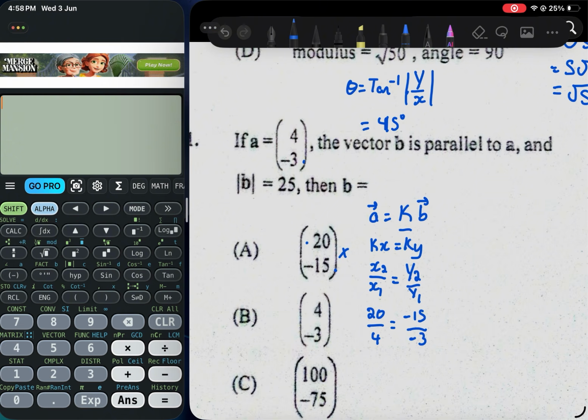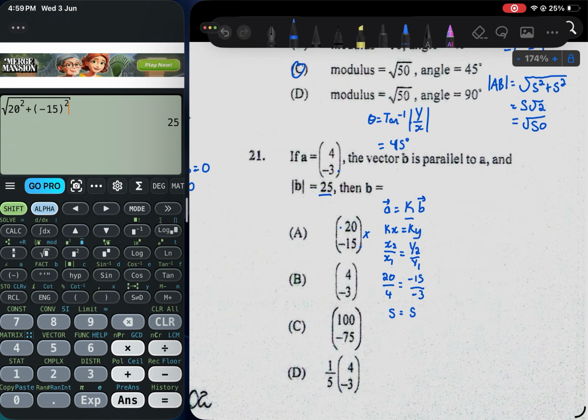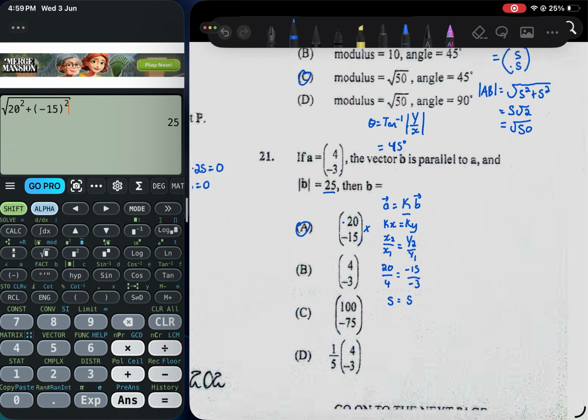Now if we simplify both terms, 20 divided by 4 will give us 5, and this would also give us 5. So they are parallel, but let's look if the modulus is 25. So remember, the modulus is the square root of x squared, so 20 squared plus y squared, which is negative 15 squared, and we're getting that it is 25. So yes, it's both parallel, and the modulus is 25, so it's A.